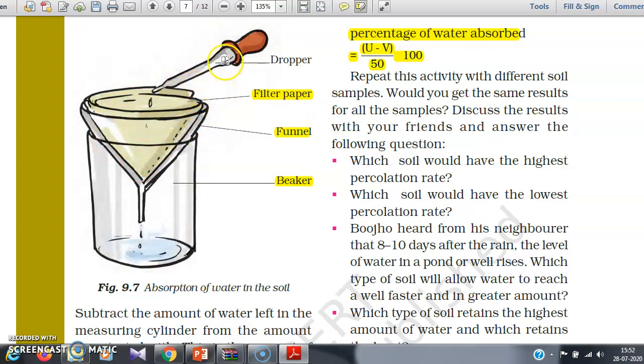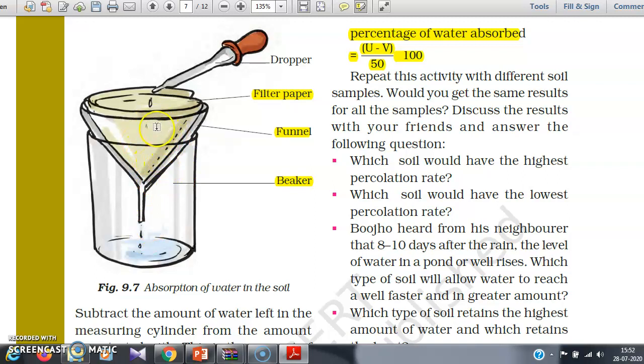I am taking it and I have started drop by drop falling the water over the soil. When I have 100 ml of water left in my container, I will see that drop by drop water is coming out from this funnel. That means 100 ml of water is absorbed by 50 gram of soil.